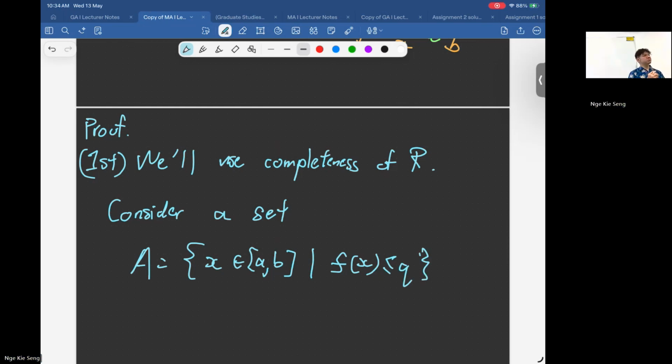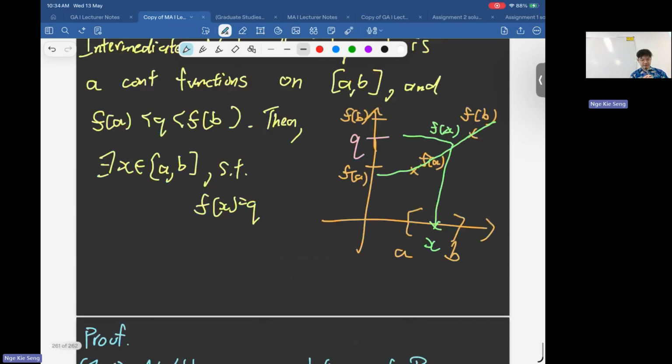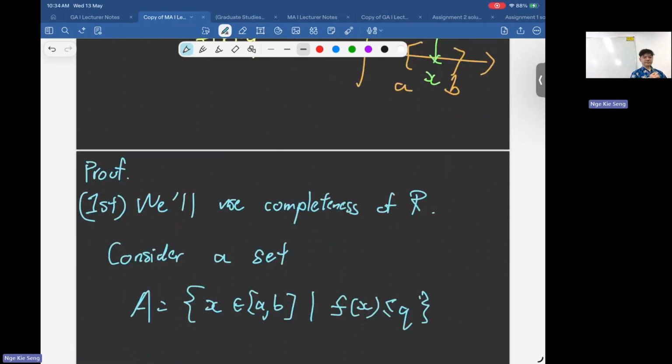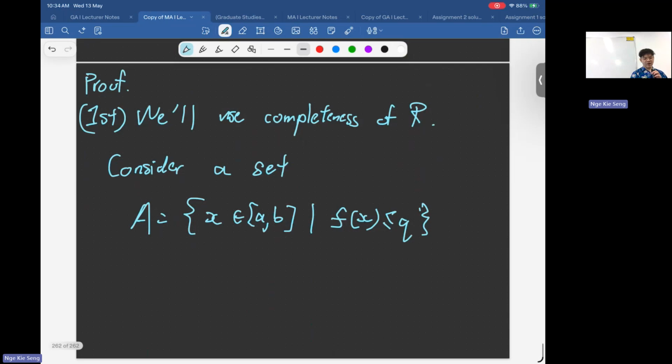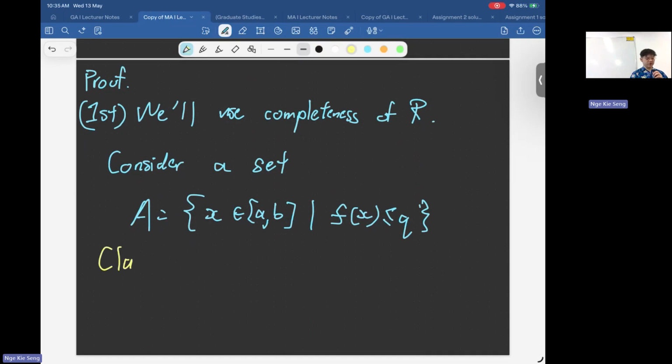We claim that the supremum of this set will give us the point we want. The supremum of this set should live inside the closed bounded interval [a,b]. So maybe I'll tell you our goal first, then we will work toward it. Our claim is f(sup A) equals q.